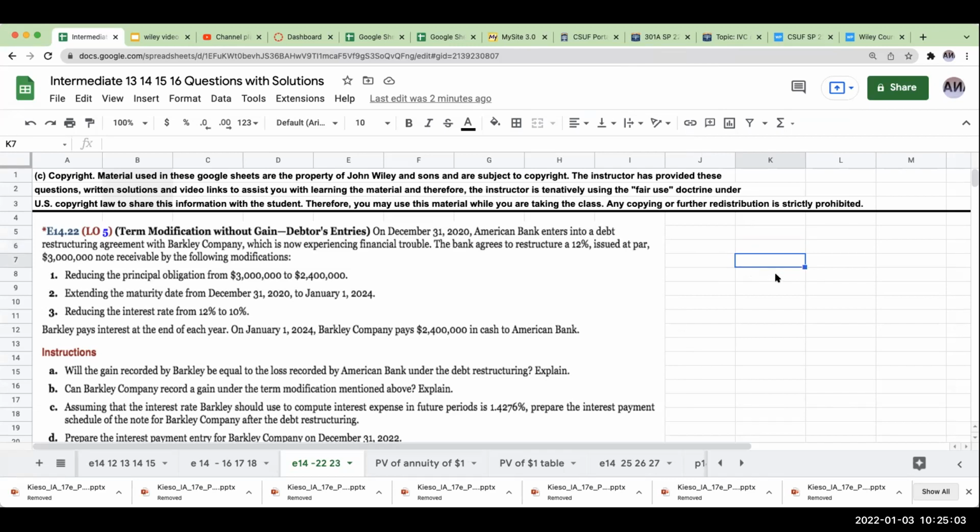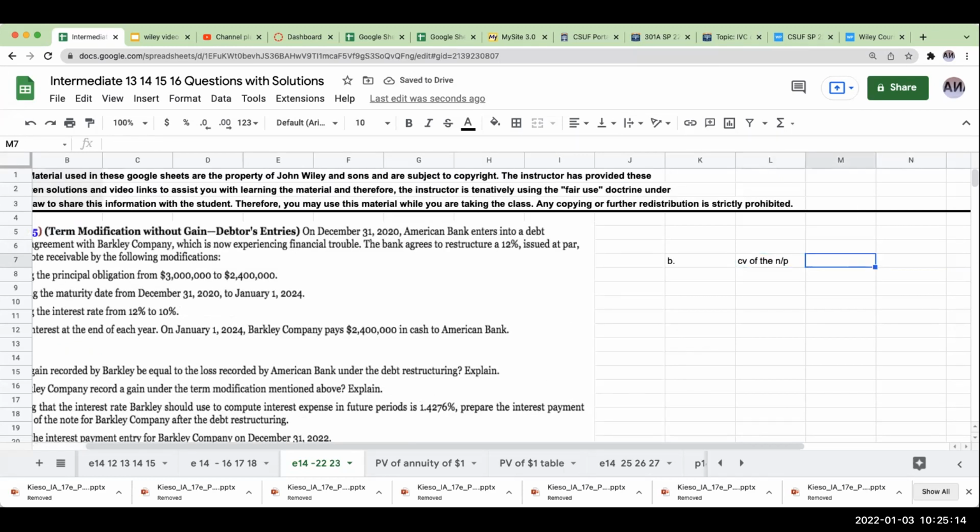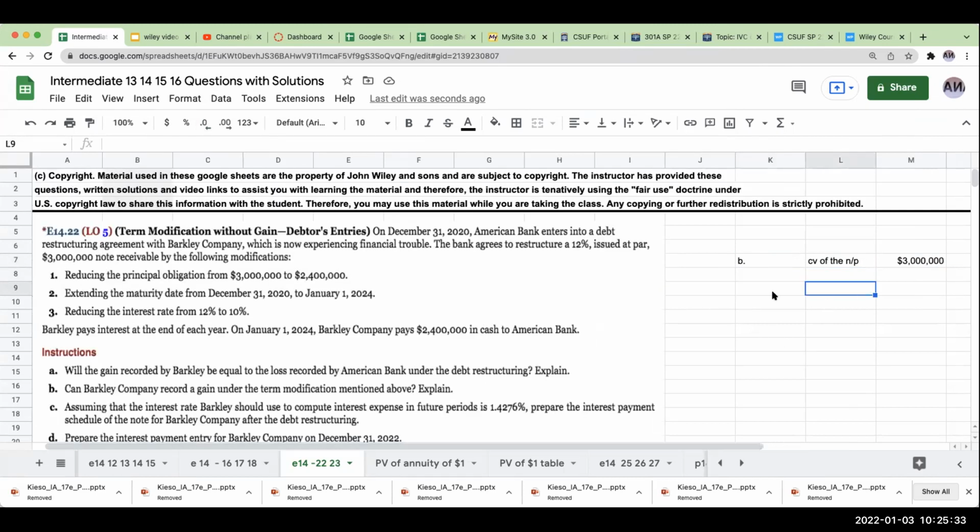To figure out if we have a gain or a loss, we take the carrying value of the note payable, which is 3 million. For us to have a gain on restructuring, the future cash flows, undiscounted, need to be less than the carrying value of the note payable.